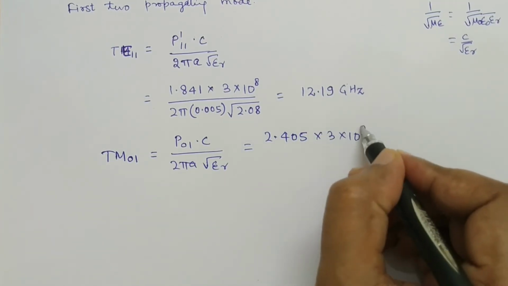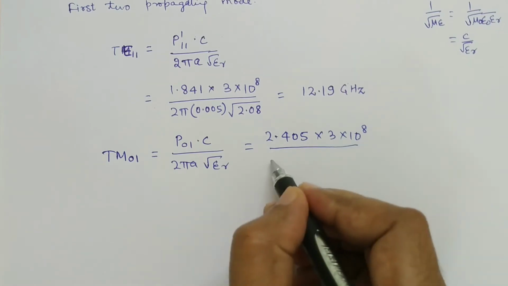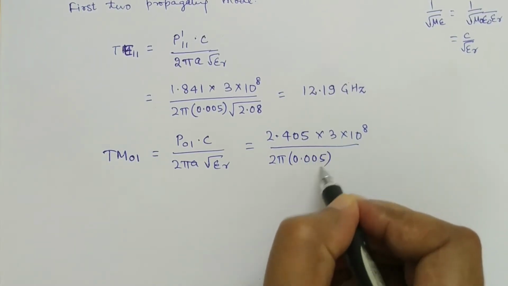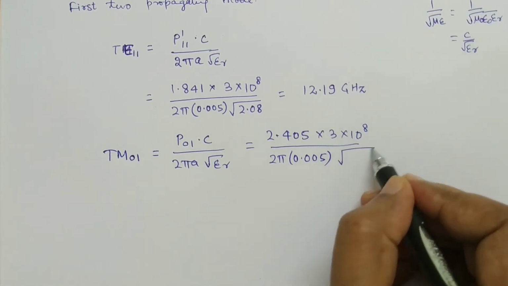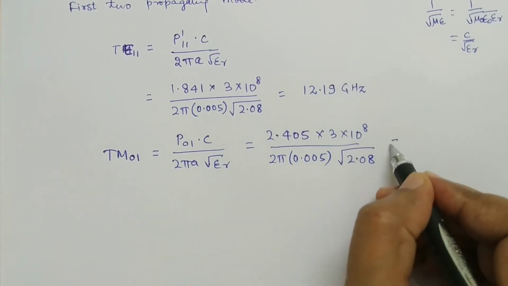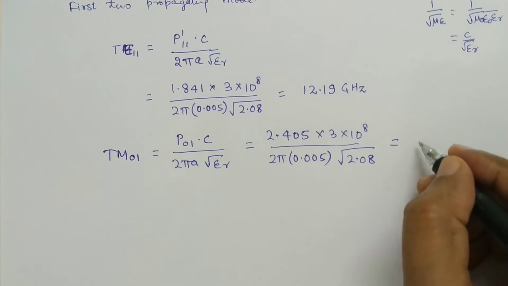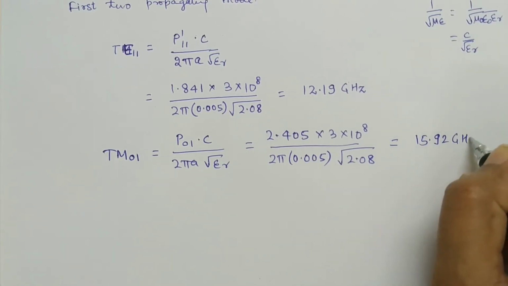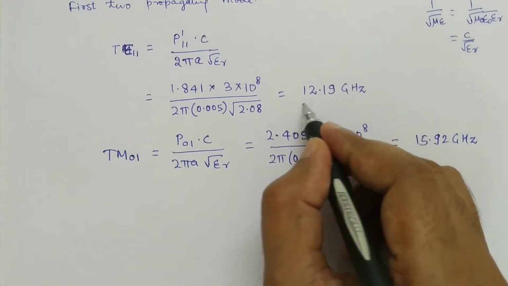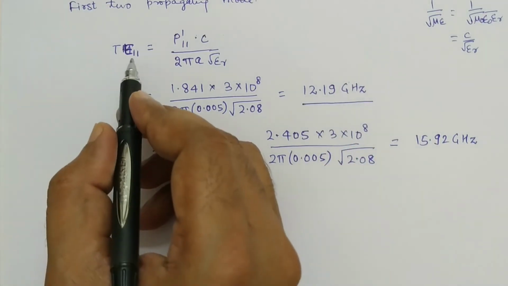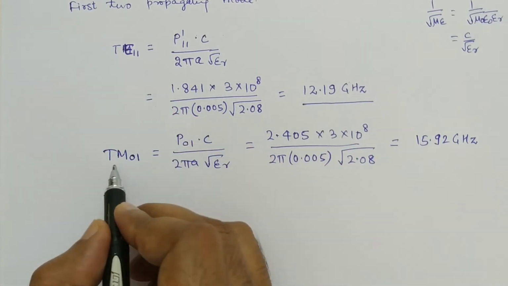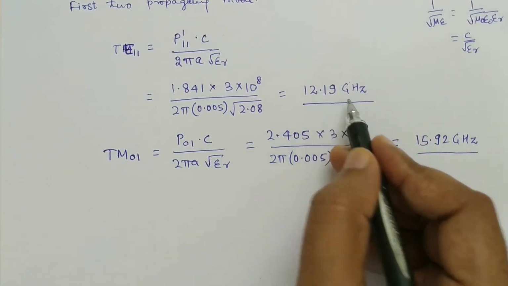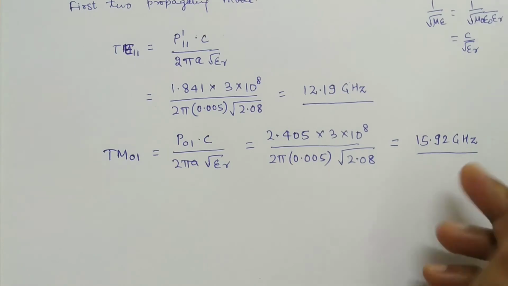So 3 into 10 to the power 8 divided by 2 pi, 0.005 under root 2.08. The calculated value is 15.92 gigahertz. So the first two propagating modes are TE11 and TM01, having cutoff frequencies 12.19 gigahertz and 15.92 gigahertz.